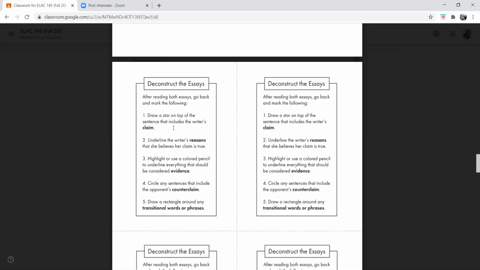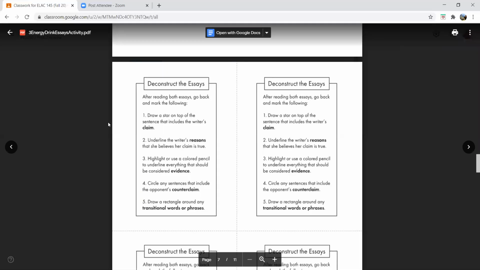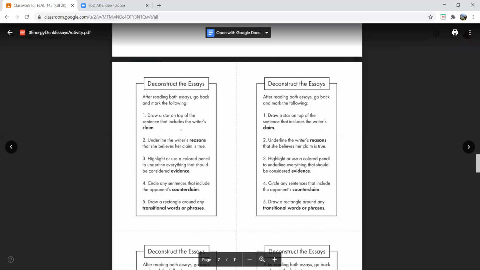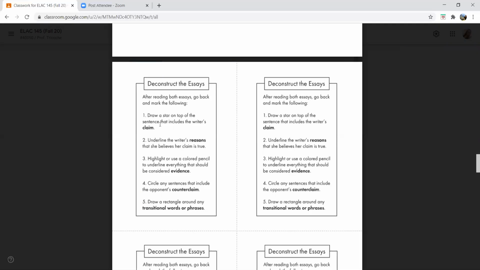The con essay, that claim would be something like, no, we do not need to prohibit the sale of energy drinks to children under 18. Then we're going to go through those essays and underline the reasons why the writer believes their claim to be true.